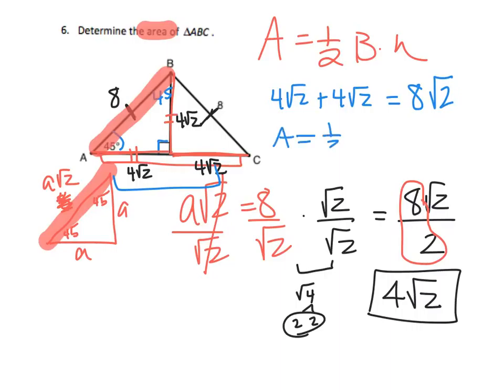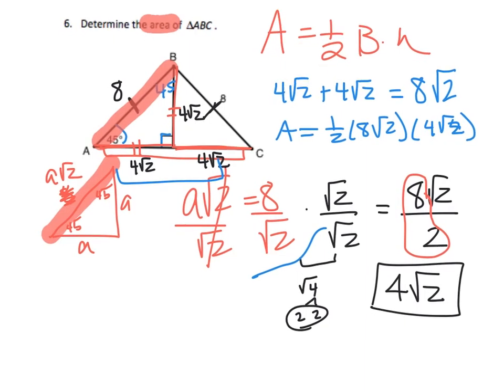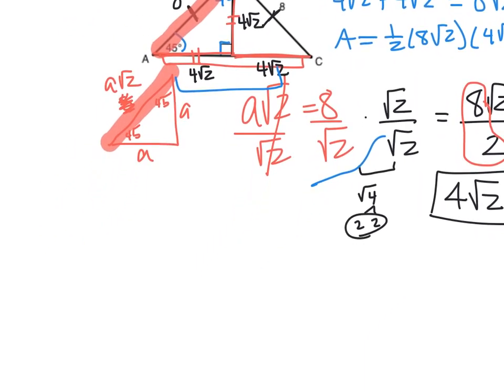So 1/2 the base times the height. So when you go ahead and multiply this, I'm going to actually move this down here to give us more room. So the area equals 1/2 the base times the height.